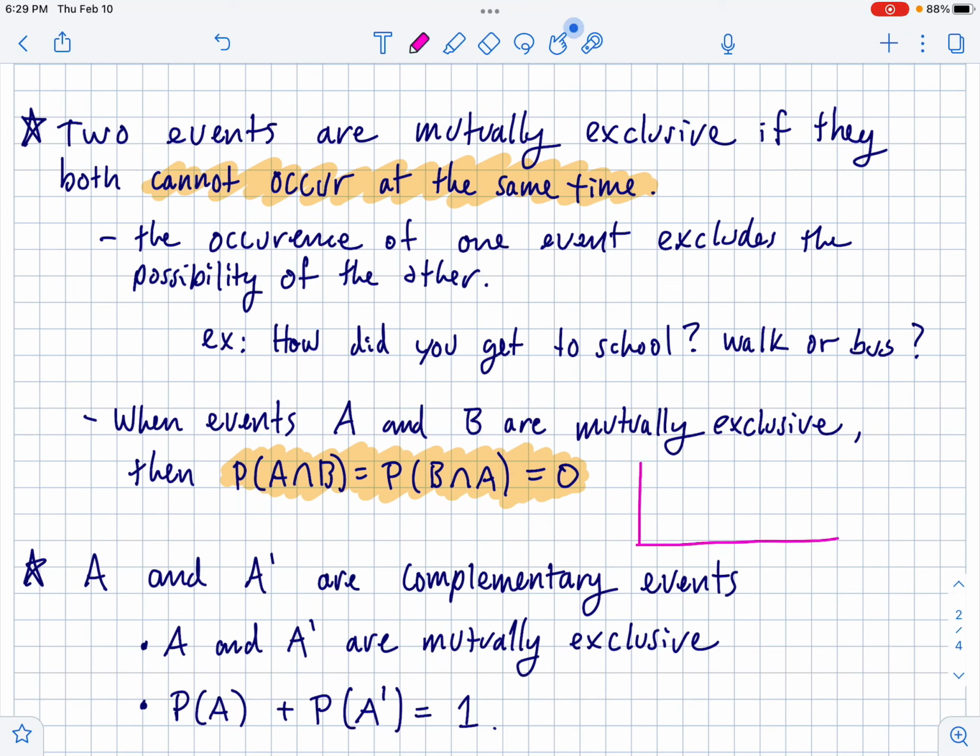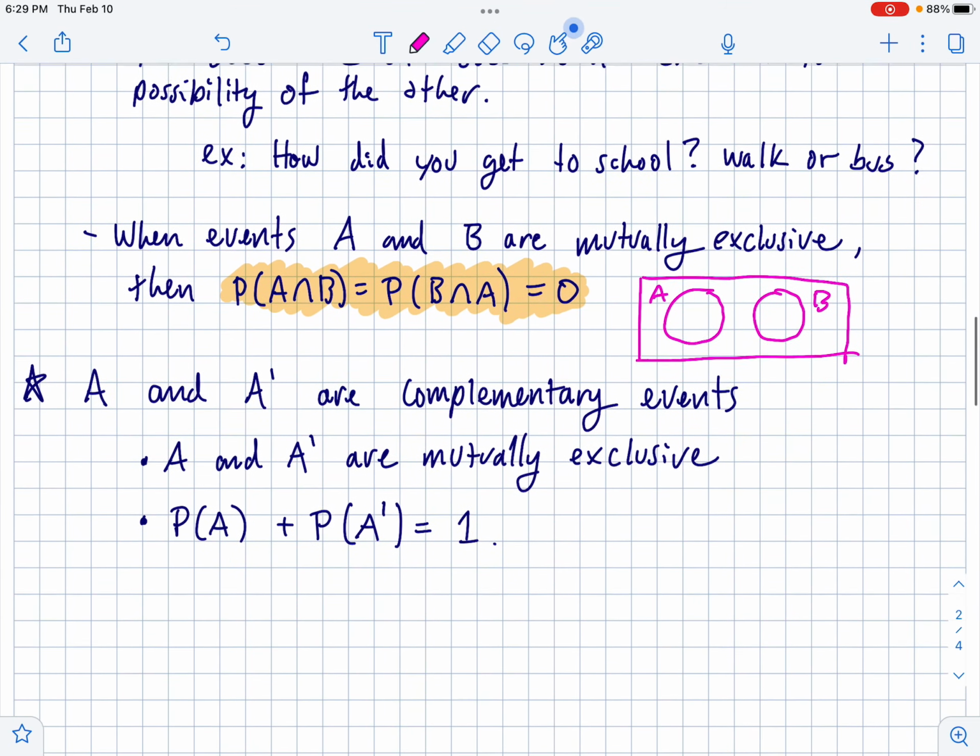If I was to draw a Venn diagram of it, it would look like this. Here's A. Here's B. No touching in the middle. A and A naught are complementary events, usually called the complement. They're always mutually exclusive of each other, because if you're talking about something that's not A and something that is A, there's no overlap in the middle.